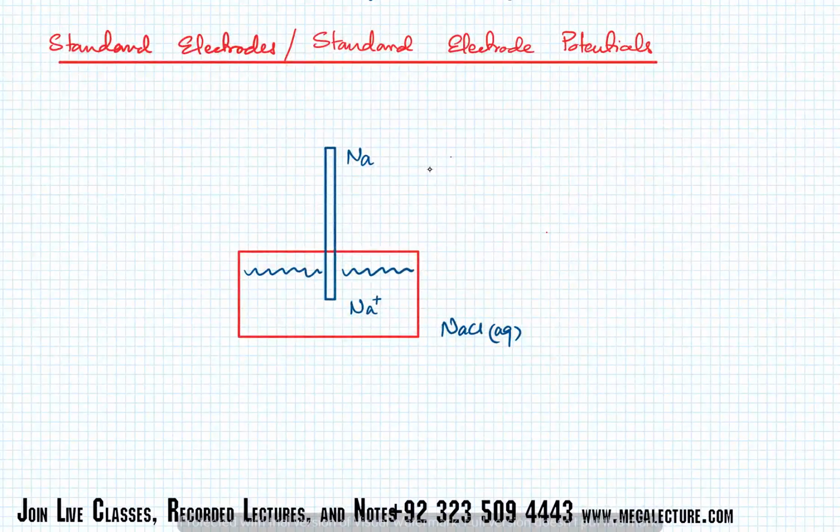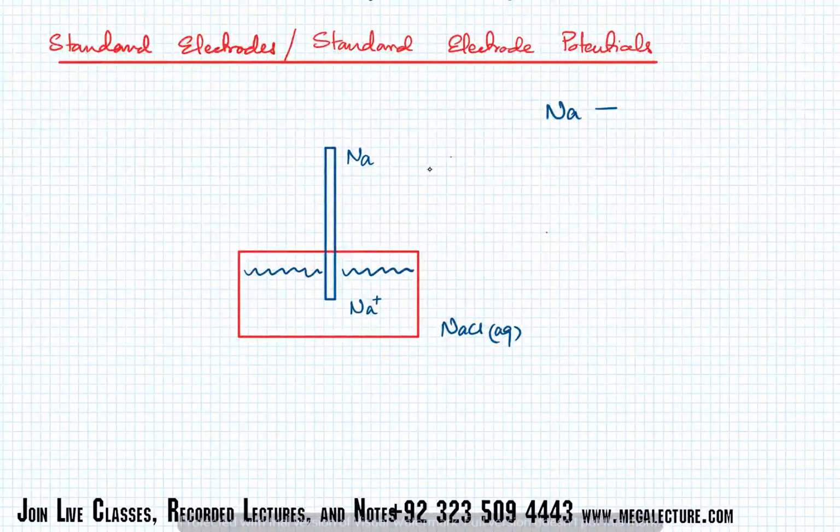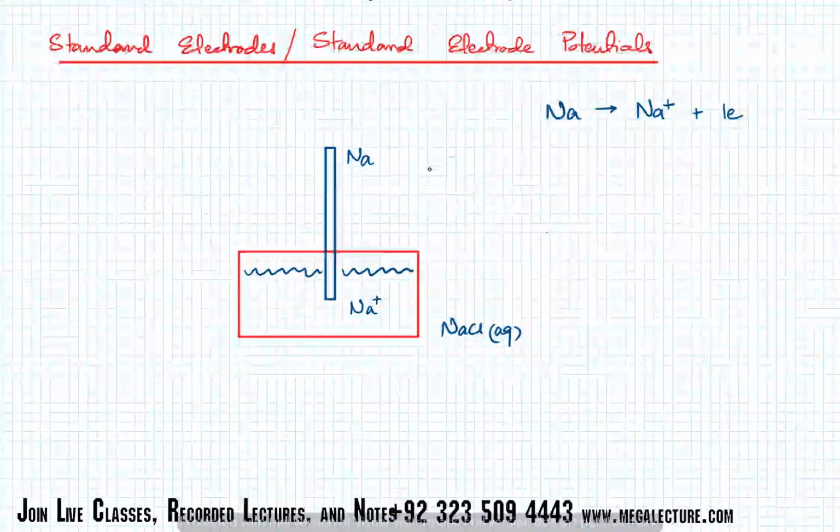Now, two things are possible. One is that sodium likes to lose electrons, and when it loses electrons, it's going to form sodium ions.